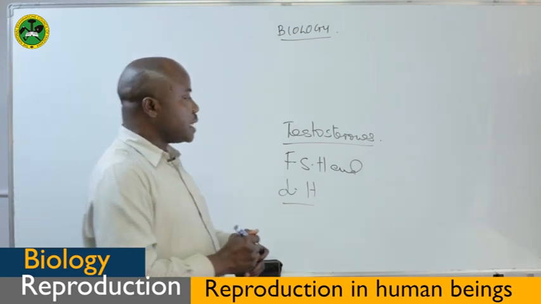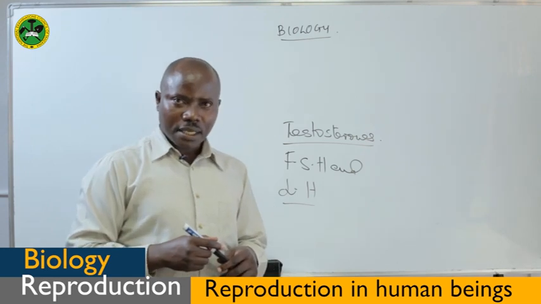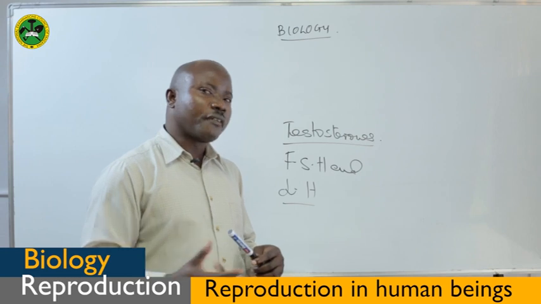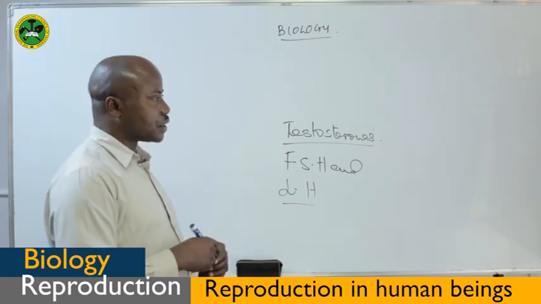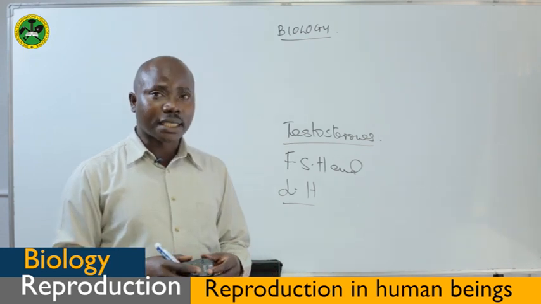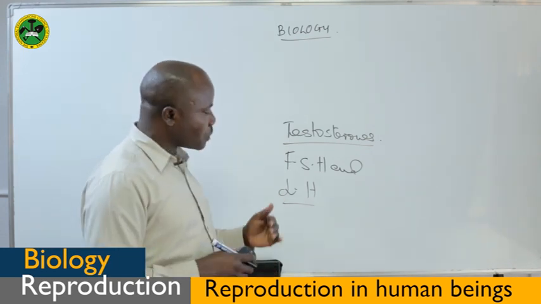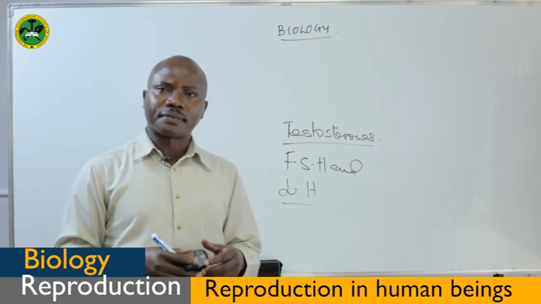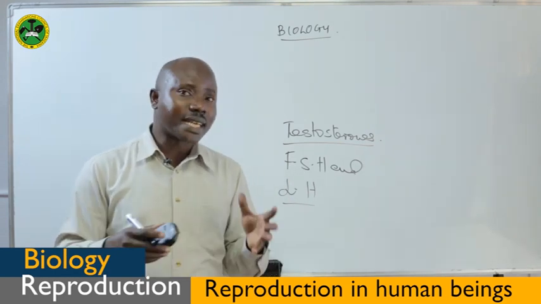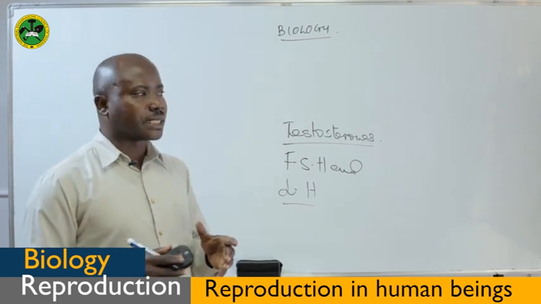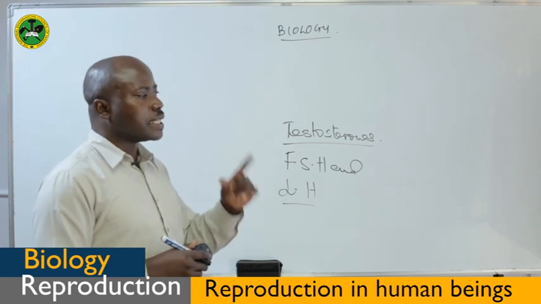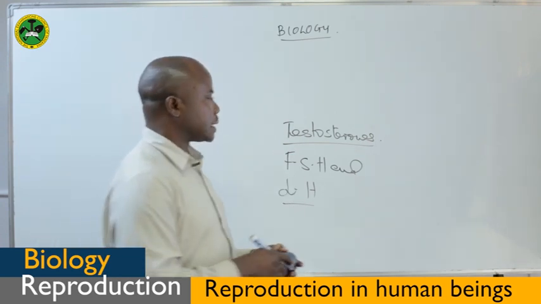Because this is not a new concept, just a revision program we are doing here, you have to refer back to what you learned in school: the role of follicle stimulating hormone in the male reproductive system, the role of luteinizing hormone, and the role of testosterone with regard to spermatogenesis. There you will have answered how the hormones control the process of spermatogenesis.